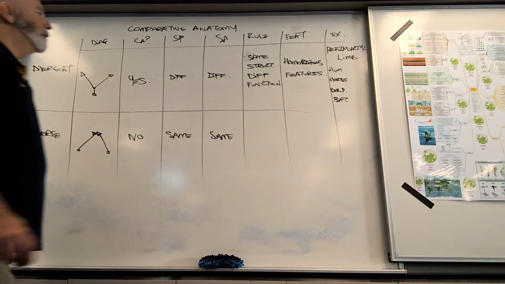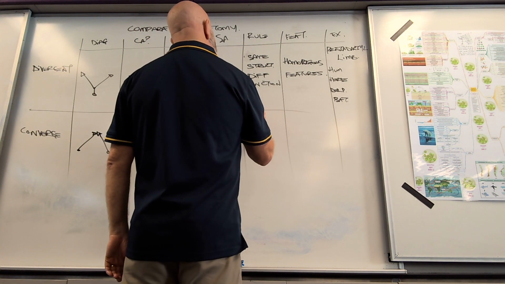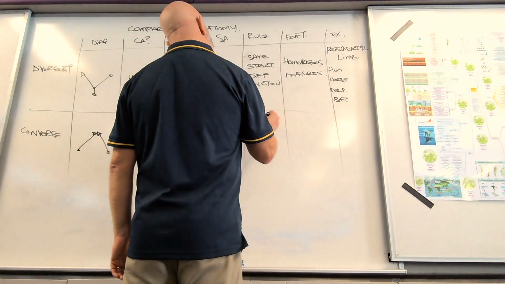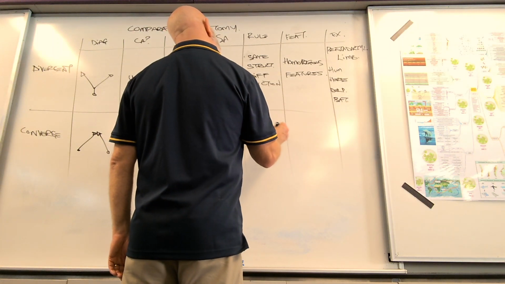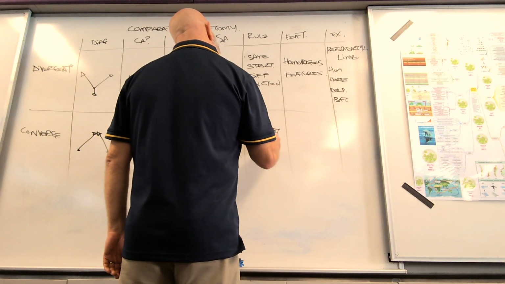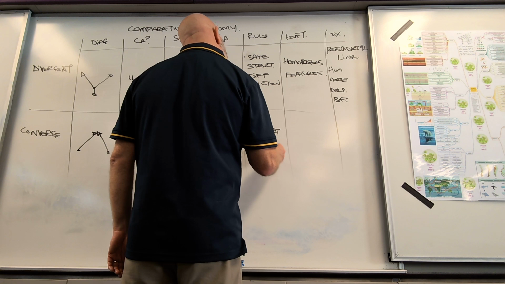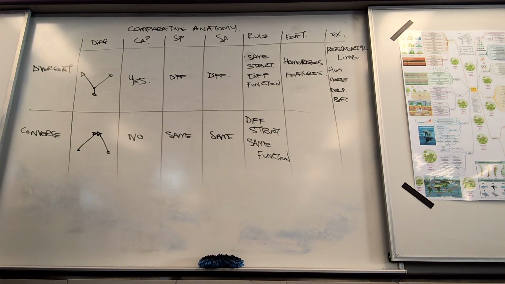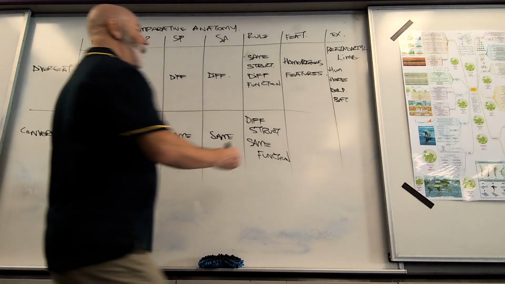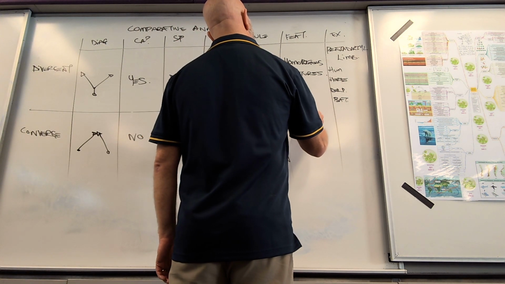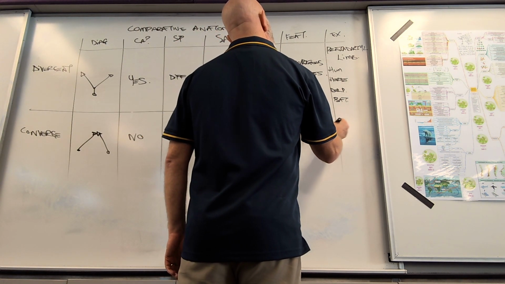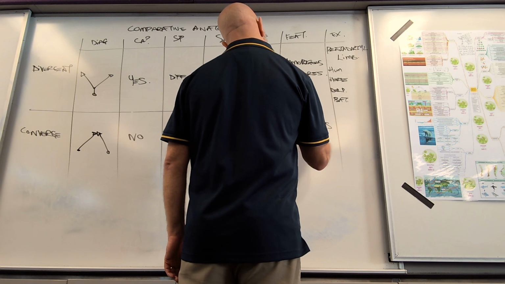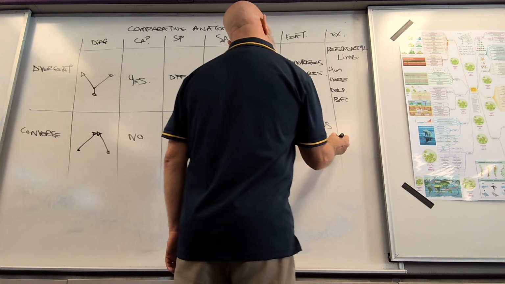Convergent evolution is different structure, same function. And we call these analogous features.